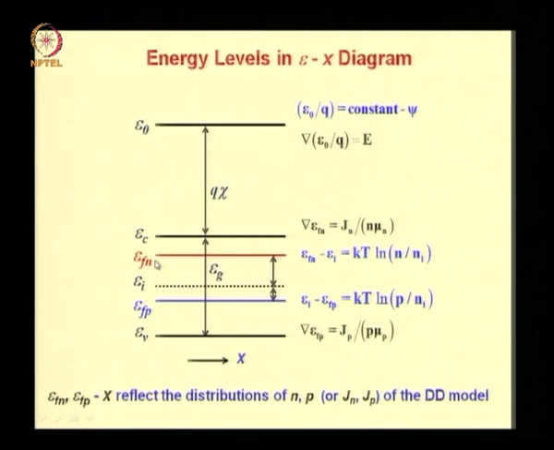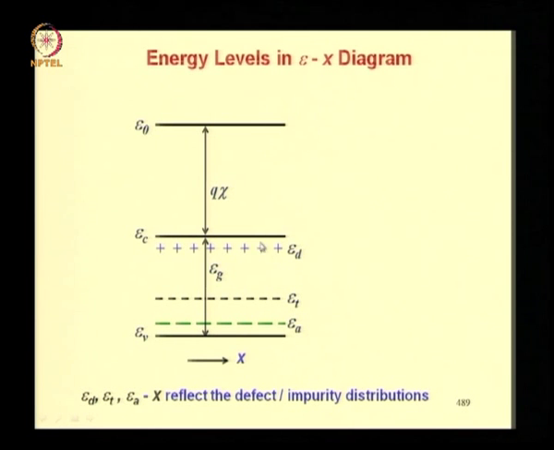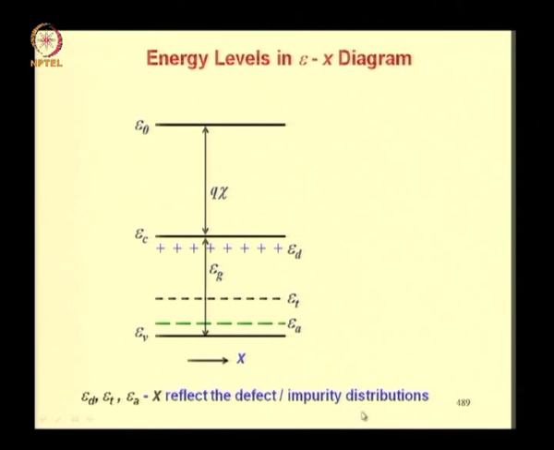You can also locate the quasi-Fermi level for electrons and holes with reference to Ei using these formulae. You can locate within the energy gap the energy levels corresponding to impurities or defects. So Ed, Et and Ea as a function of x reflect the defect or impurity distributions.